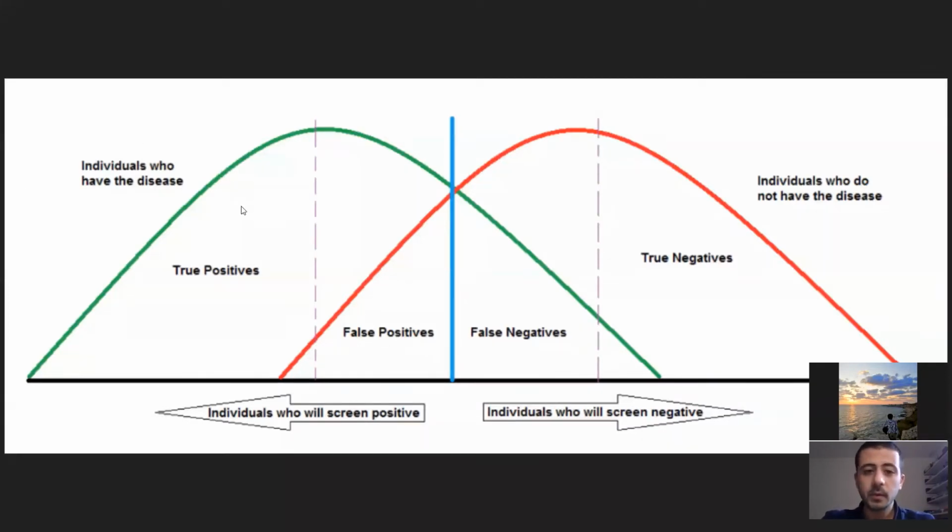Okay, when I move the line to here, what am I increasing, the sensitivity or the specificity? Sensitivity. But why? Because I'm taking the true positive. I'm taking everybody in.